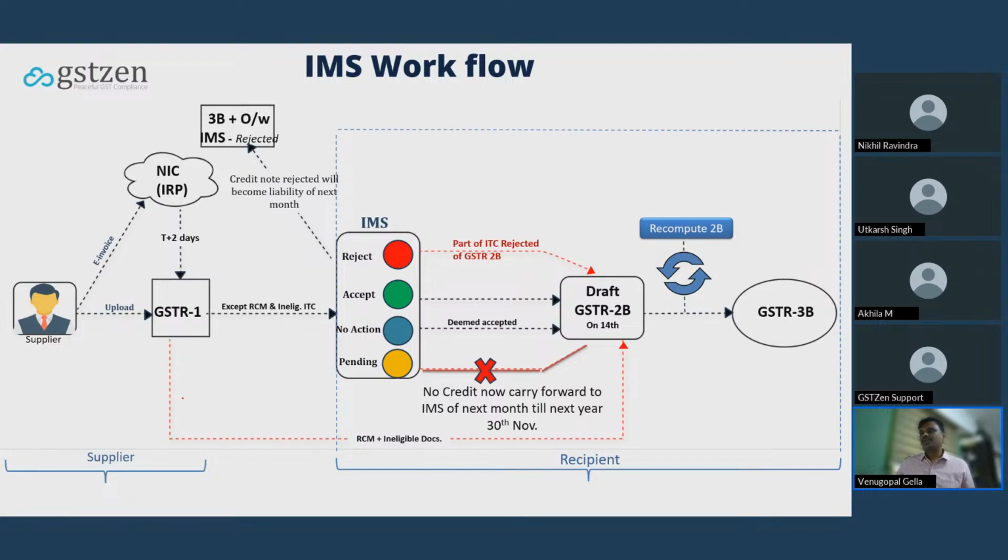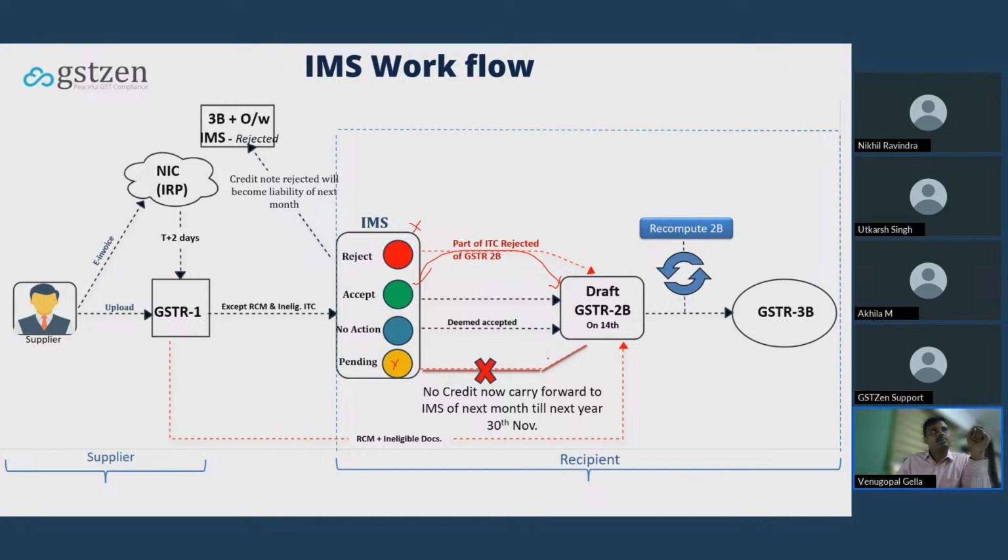If you have accepted a record, that record will travel to your GSTR 2B. If you have rejected a record, it is not there as a credit. If you have kept it pending, again, that is not there as a credit. So the value of the credit coming into GSTR 2B is further reduced with the introduction of IMS.